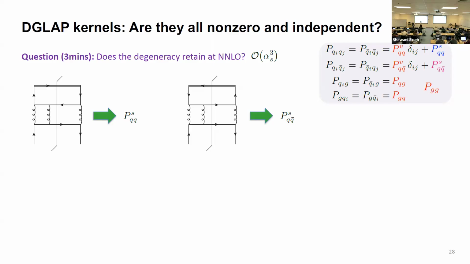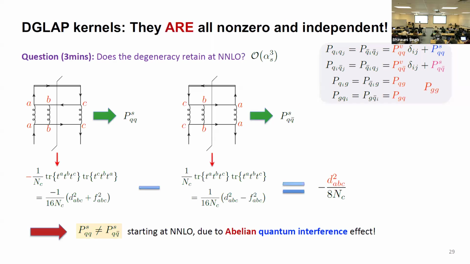But are these two diagrams the same? This is what makes it so non-trivial. In QCD, we can label the color indices of all these vertices, and the gluon is color diagonal. So AA, BB, CC, and on the right we have CC, BB, AA. Each quark loop gives us a trace over the color matrices.